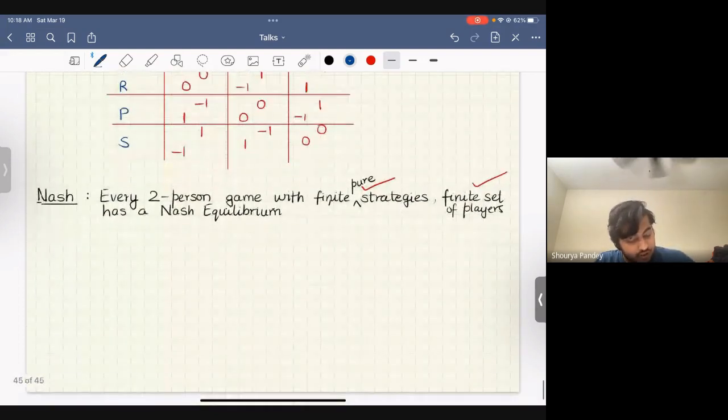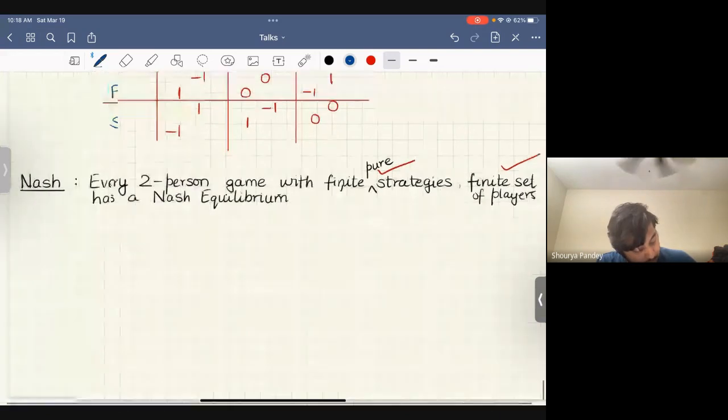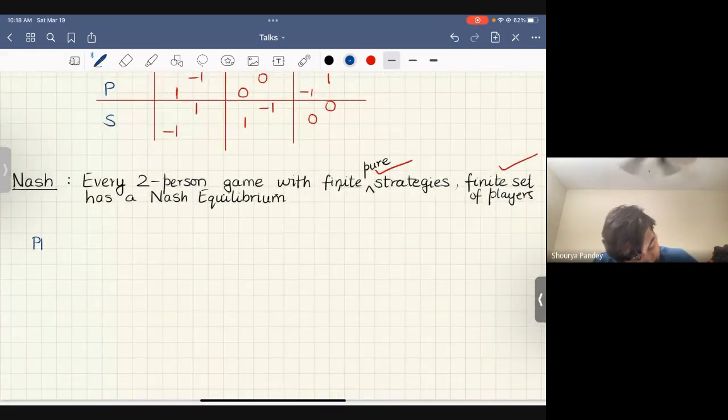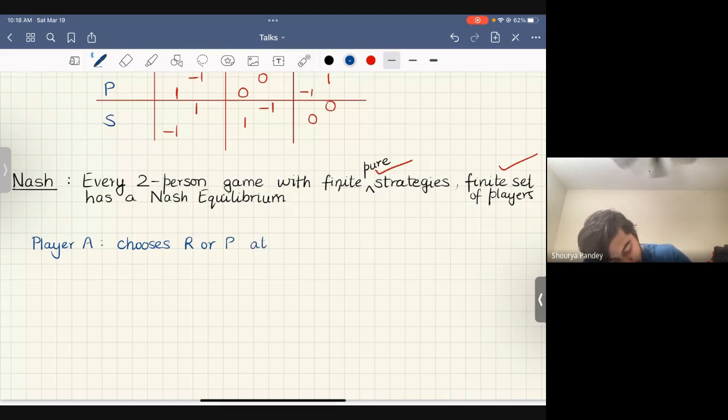A mixed strategy could be of the following form. What player A does is choose R or P at random with probability half. This is allowed, and so this is not a pure strategy.